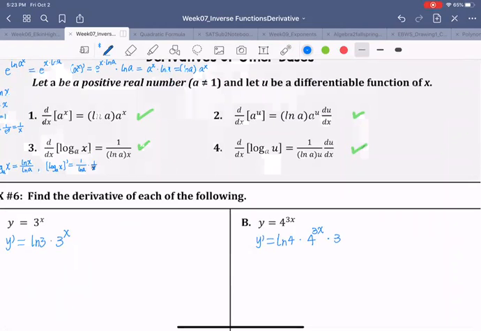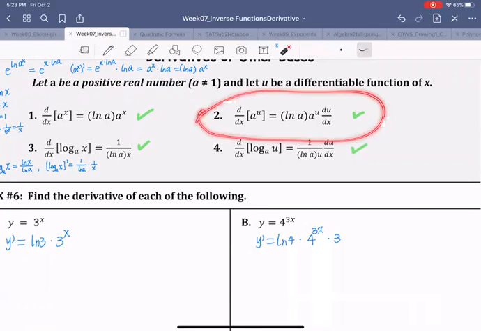Chain rule, so fun. This is because you're using u. Apparently 3x does not count as x, so anything that's not just x, even with a coefficient in front, you have to start using the chain rule for.